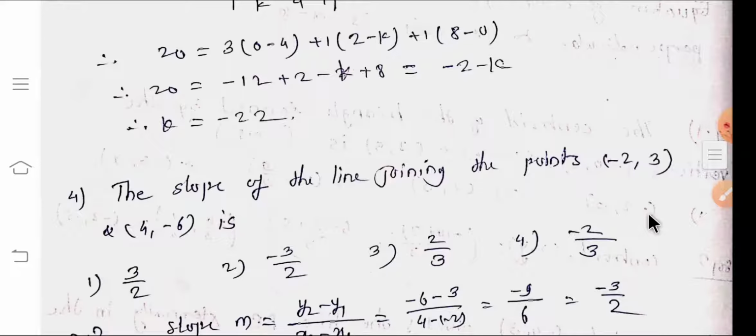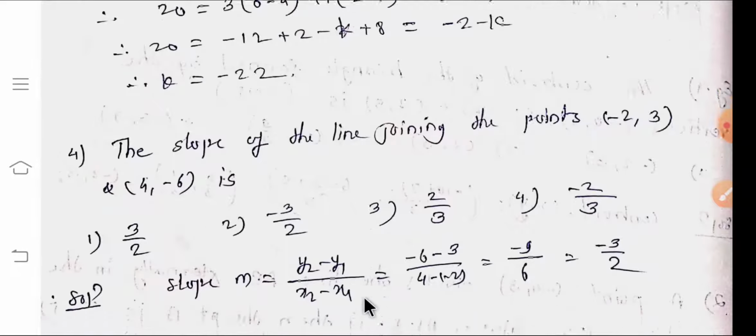Next, the slope of the line joining the points minus 2 comma 3 and 4 comma minus 6 is 3 by 2, minus 3 by 2, 2 by 3, minus 2 by 3. We know that the slope in two-point form is m equal to y2 minus y1 by x2 minus x1.